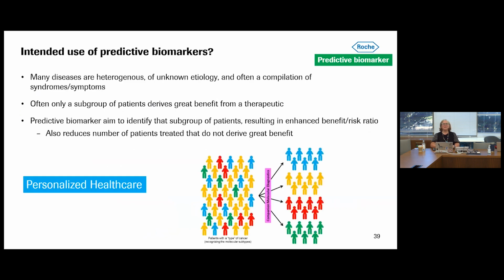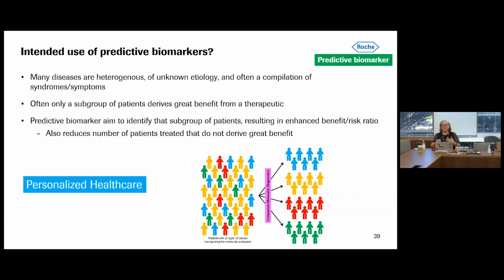So the term intended use is a very important term with all of our biomarkers. When somebody from one of my molecule teams comes to me with an idea of how they want to use their biomarker, my first question is, what is your intended use? Intended use also has a regulatory meaning, but it also helps me to determine, are we talking predictive, are we talking prognostic, so that we can have the right discussion.